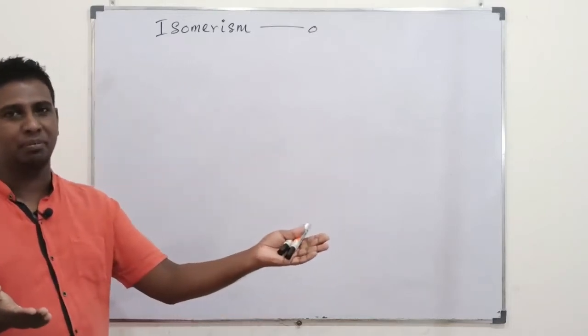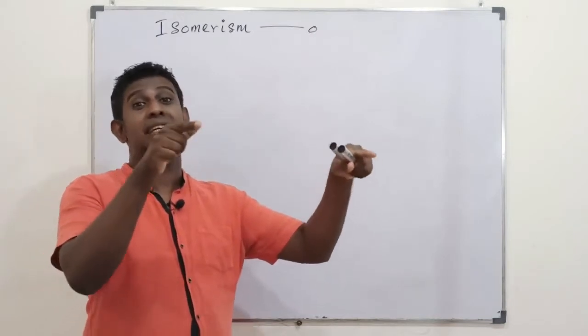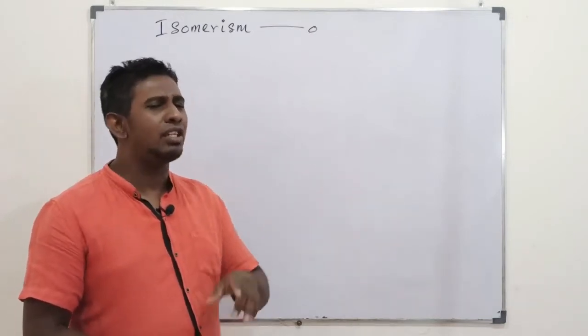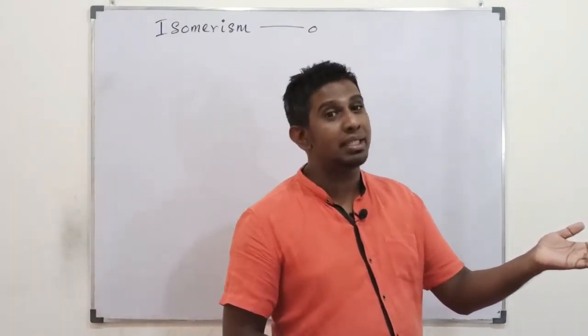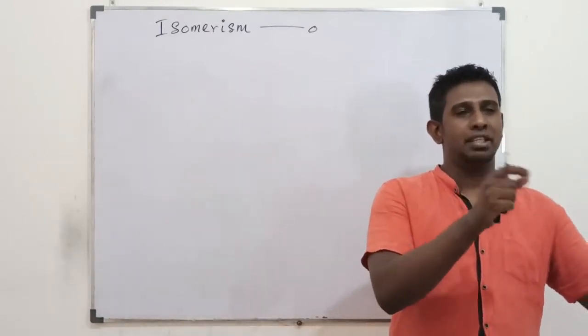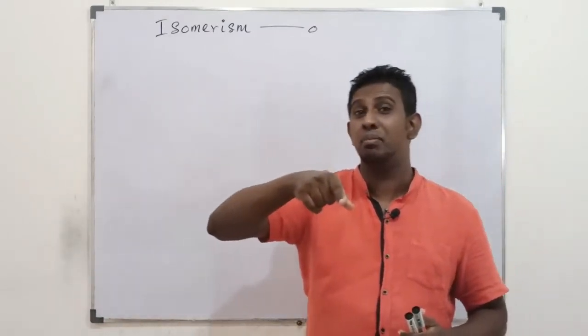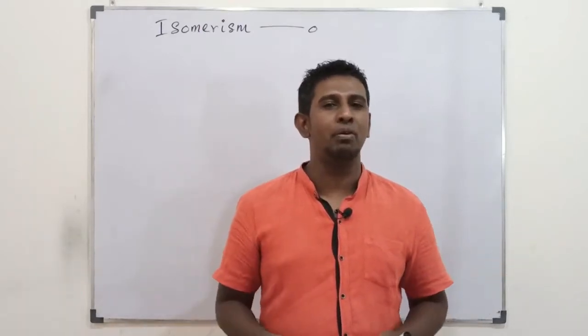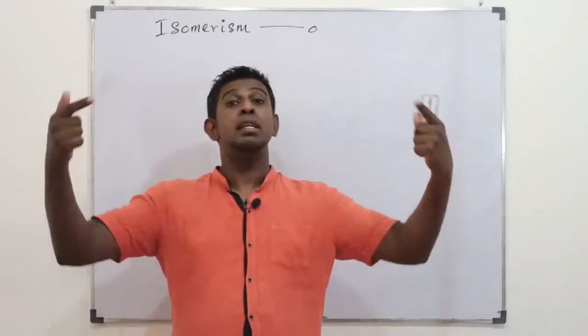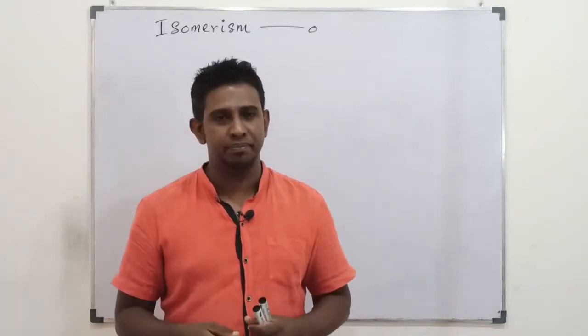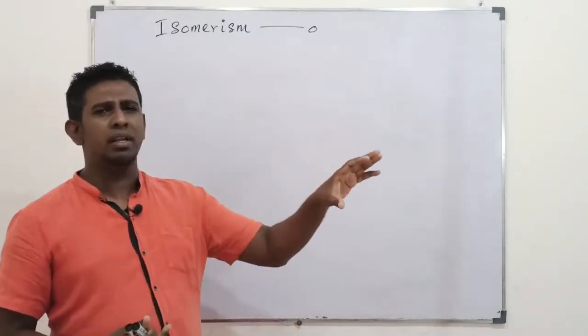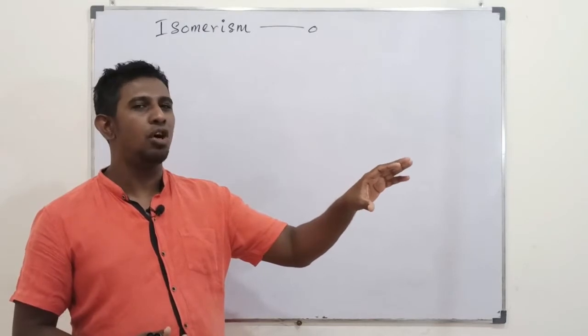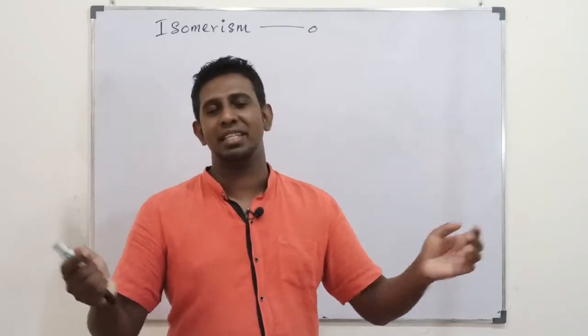The other type is stereoisomerism. Though they have the same molecular formula as well as the same structural formula, they have different spatial arrangements, so it's what we call stereoisomerism or three-dimensional isomerism.